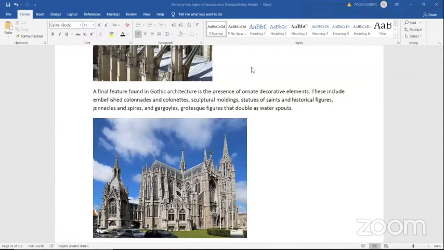What does spire mean? Divyesh also knows. So, Divyesh, can you tell me what spire is? Like the one below pinnacle, ma'am. One below pinnacle, this one. Yeah.